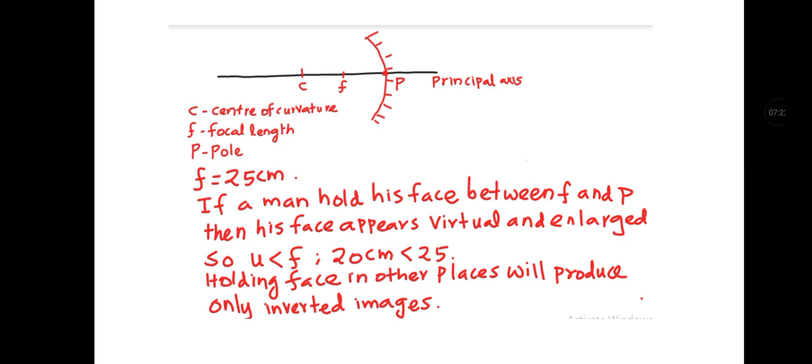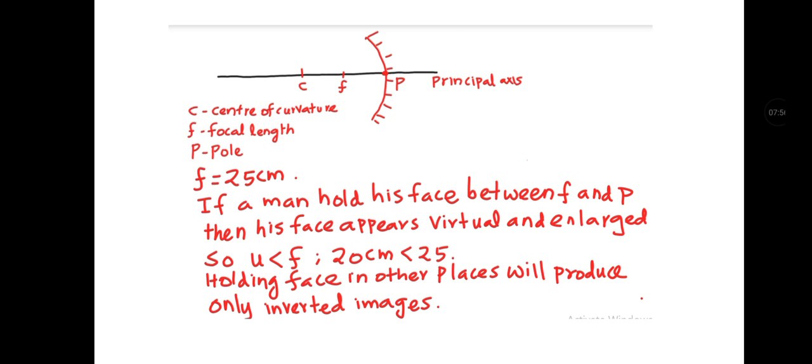As I said, we have drawn the diagram which shows the principal axis, pole of the concave mirror, focal length, and center of curvature. What is given is F equal to 25 centimeter. If a man holds his face between F and P, then his face appears virtual and enlarged on the other side of the concave mirror.